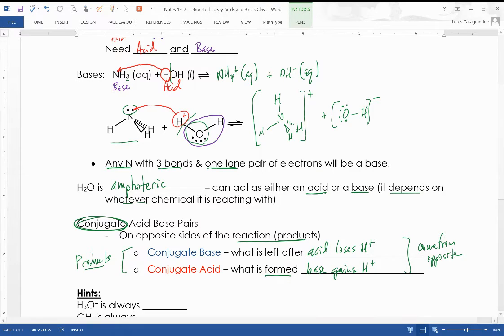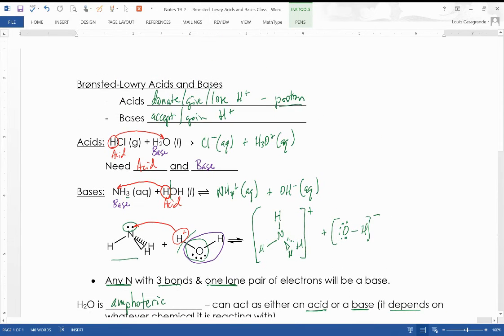And we'll do a little bit more work with that in a few moments. But let's go back up to our first reaction and see if we can identify the conjugate acid and the conjugate base, because there's going to be one on each side. So let's modify this. We need an acid and a base on both sides of the reaction. And just the fact that it's on the product side makes it a conjugate.